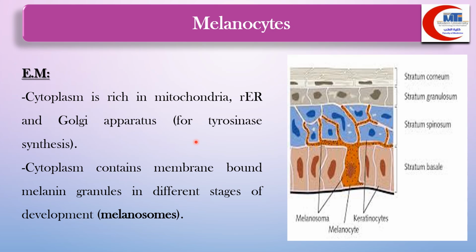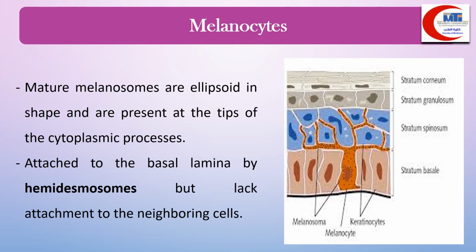So melanocytes are DOPA positive cells containing tyrosinase enzyme. The mature melanosomes are ellipsoid in shape and are present at the tips of the cytoplasmic processes.